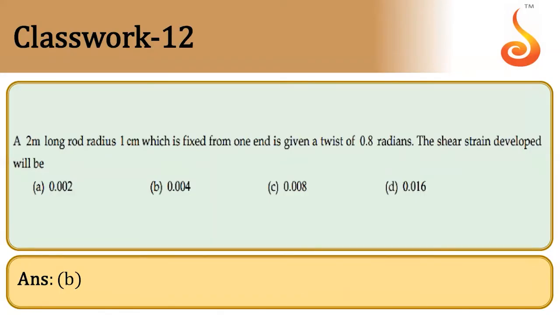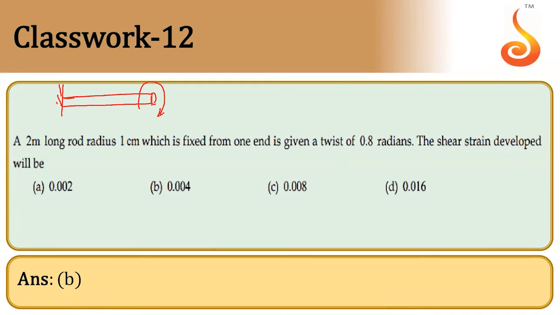A 2-meter long rod of radius 1 centimeter, which is fixed from one end, is given a twist of 0.8 radians. The shear strain developed will be? Yes, I gave a formula for this, right? Suppose one end of the rod is attached here and the other end is twisted like this.